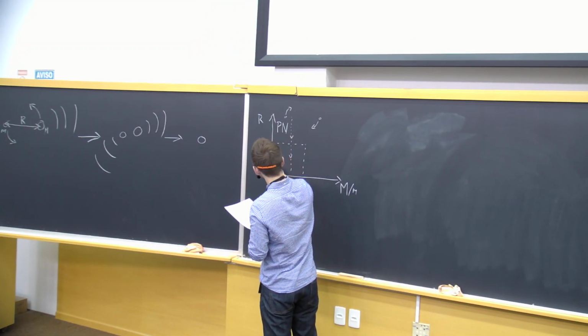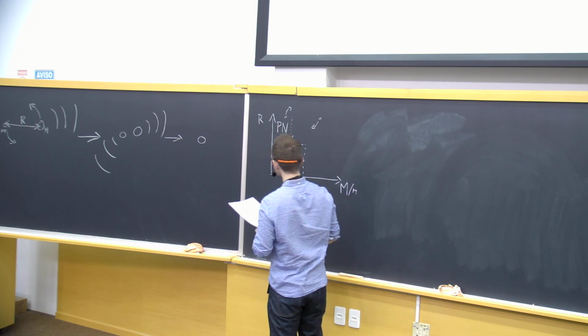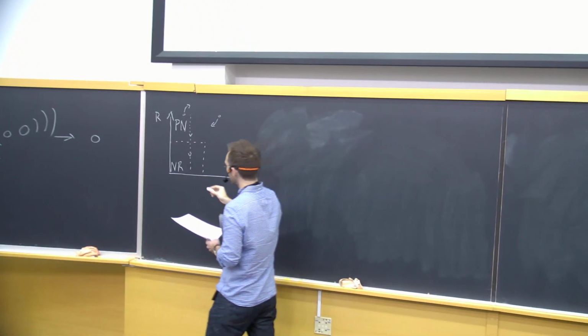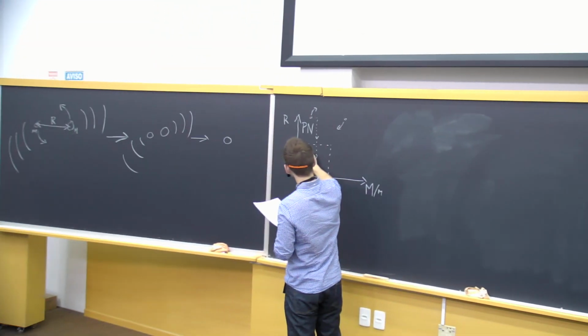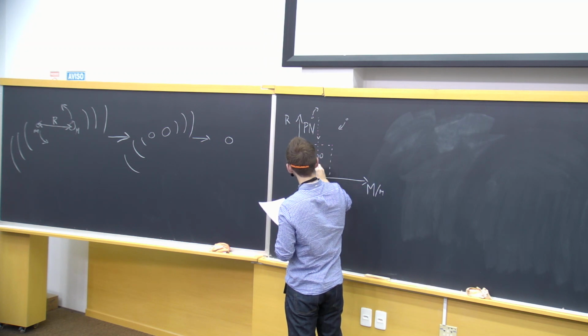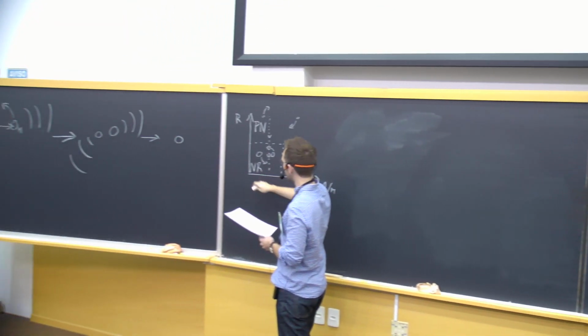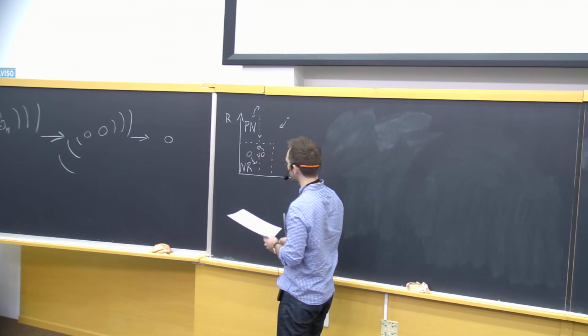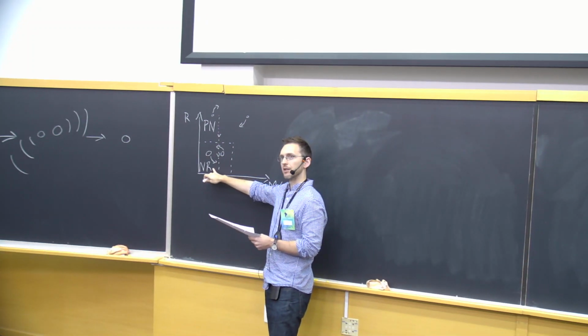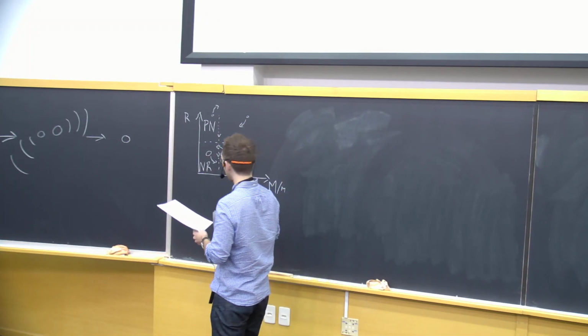And this is where numerical relativity is used. So that's where we have two objects of roughly the same size, and they're close together, orbiting around each other. And the only way that we know how to solve the system accurately is by solving the fully nonlinear Einstein equation numerically.